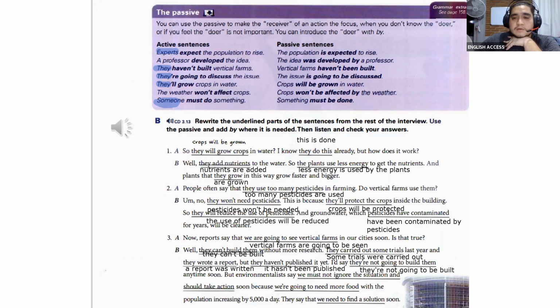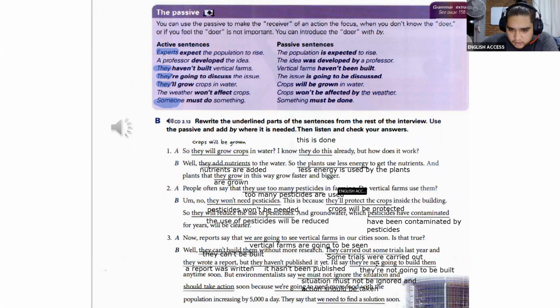The situation must not be ignored and action should be taken. Yes. And action should be taken.